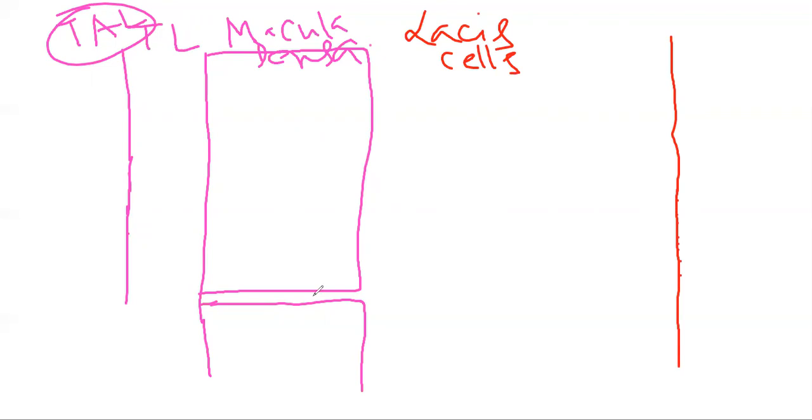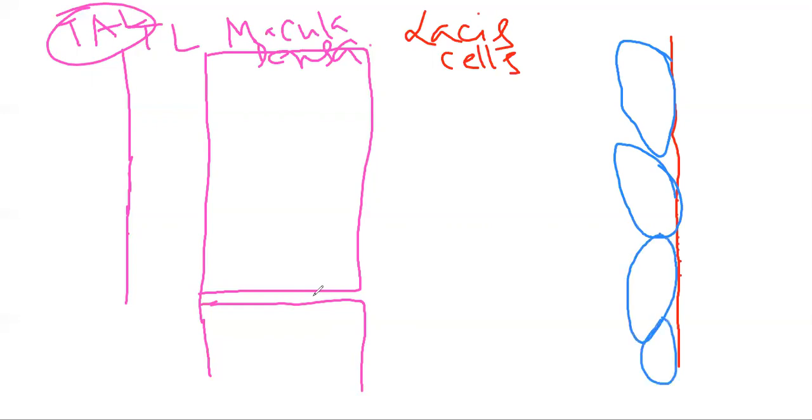We have the granular cell or the JG cell, the juxtaglomerular cell. Here are our JG cells. In between the JG cells, what is present? The electrical window, which is also known as the gap junction.